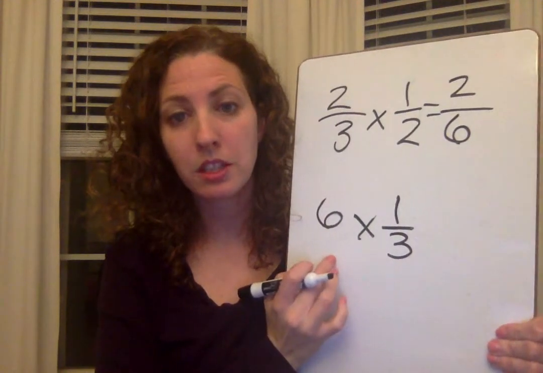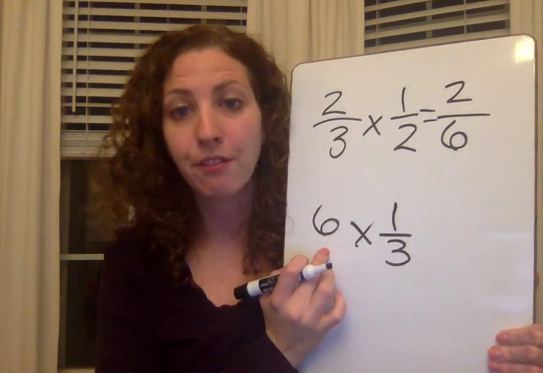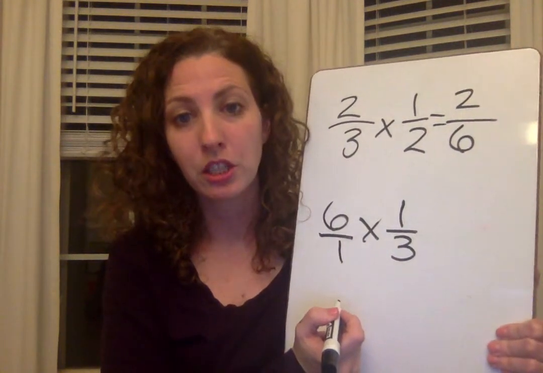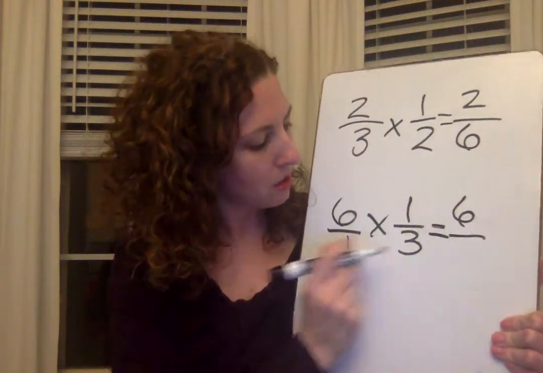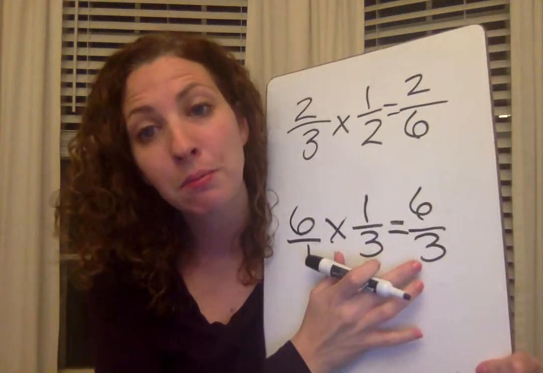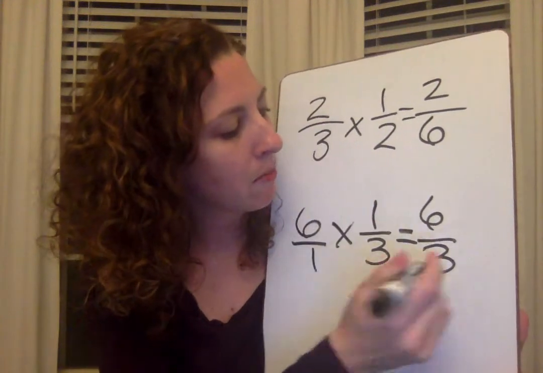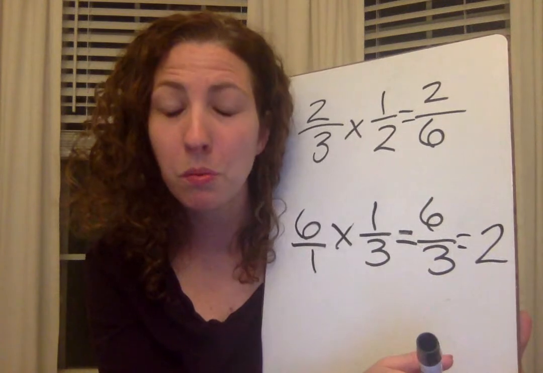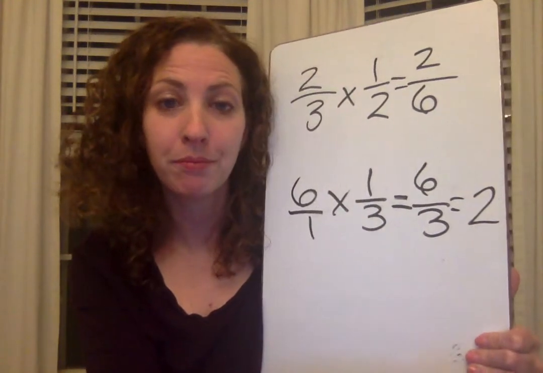What do you have to do to this one? Because this 6 was a whole number, I'm just going to make it a fraction by putting a 1 under it. 6 times 1 is 6. 1 times 3 is 3. I'm looking at that, and I know it's improper, so I have to do my backflip. I have to divide. 6 divided by 3 is 2. Ooh, I'm going to walk 2 miles before I take a break. Whew. That's a long way.